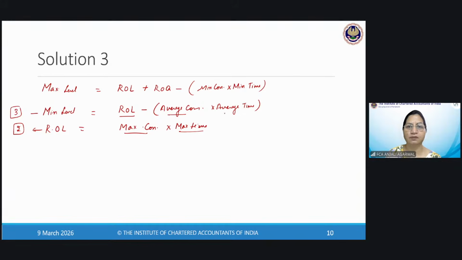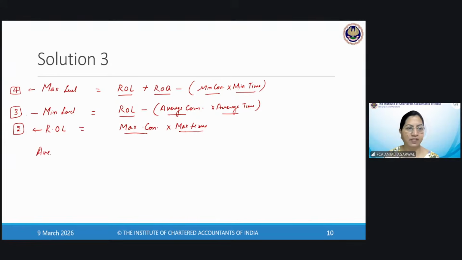And in maximum level, you will use four variables: reorder level, reorder quantity, minimum consumption, minimum time. So that you don't forget. Start with reorder level, 2, 3, 4. And further, the time or the consumption increases: minimum, average, maximum. Right? So you will not forget this.